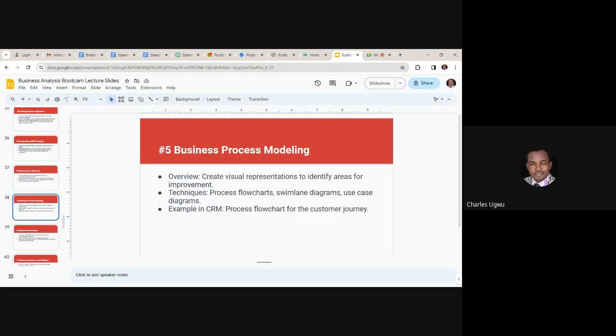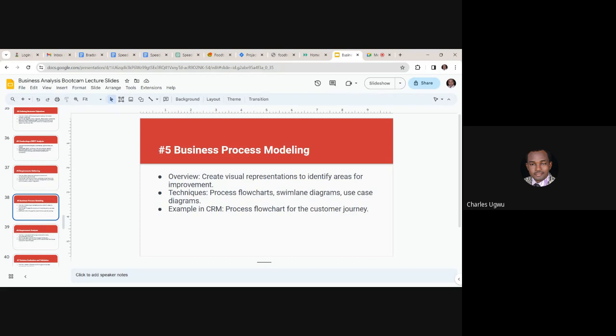Then another component here is business process modeling. Business process modeling is a way of creating visual representation to identify the areas of improvement.